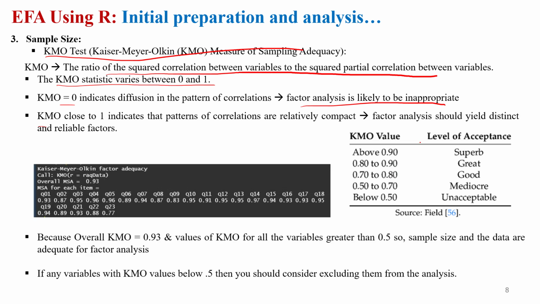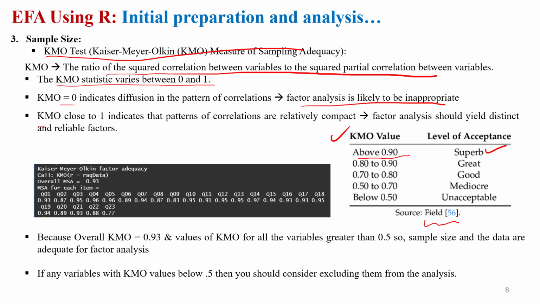So this is the reference table for the KMO statistic, which I have taken from the Andy Field book. He says that if the KMO value is above 0.90, that is a super acceptable level.